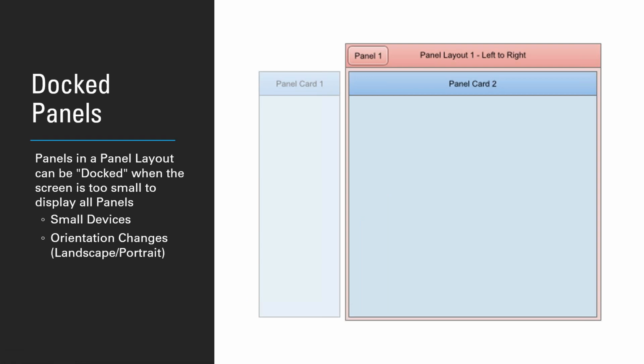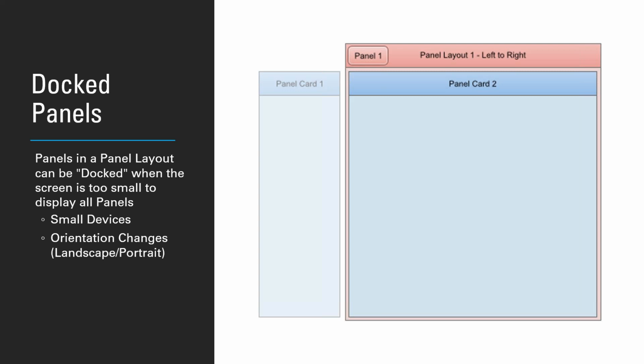With respect to responsive design and screen sizes, there are cases where you may not be able to display everything that you need to use. So the panel layouts actually have an additional feature in them that lets you dock something, lets you hide a panel if it's determined that the space that's available isn't enough to display all your content, which you can control through, again, the size property for that panel.